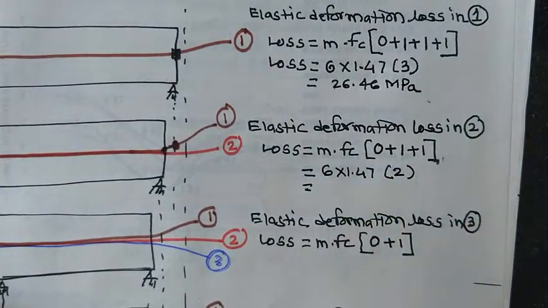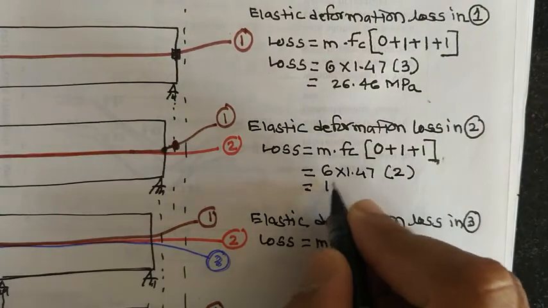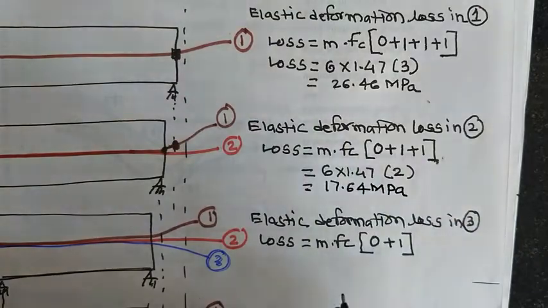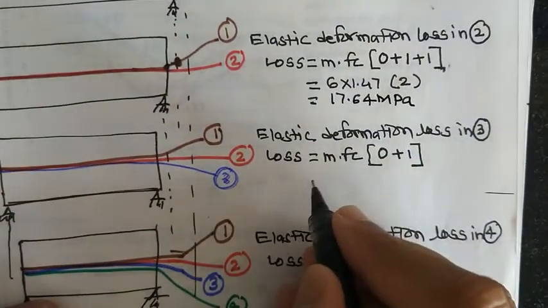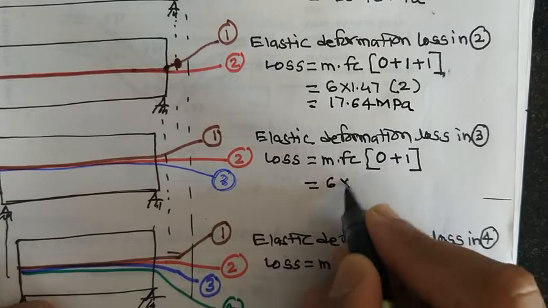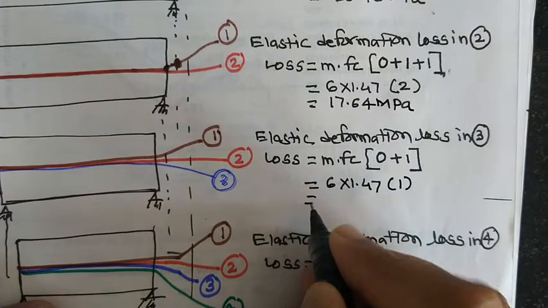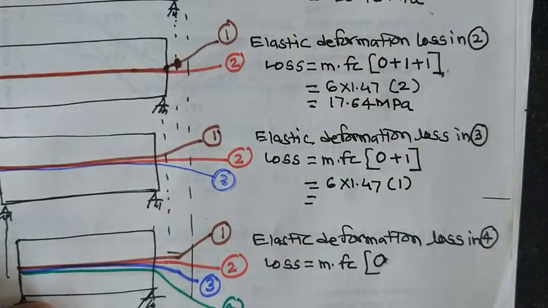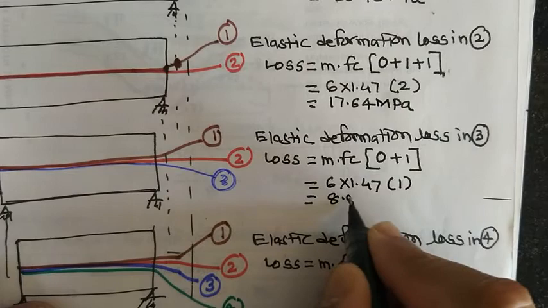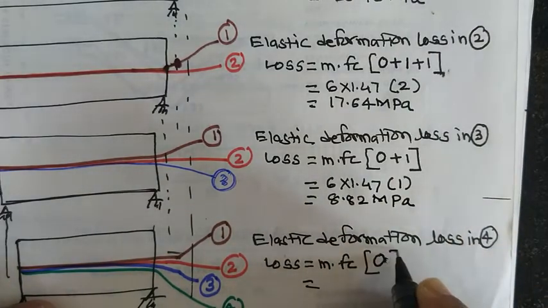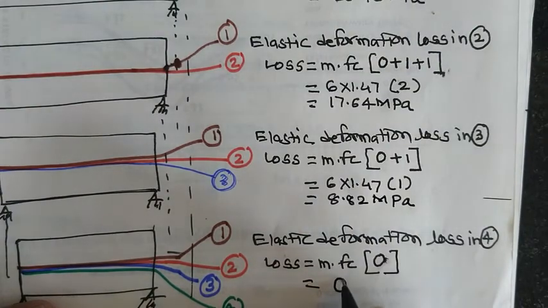The elastic deformation loss in the third wire is m is 6, fc is 1.47, multiplied by 1, so the answer is 8.82 megapascal, and the elastic deformation loss in the last, fourth wire is 0.